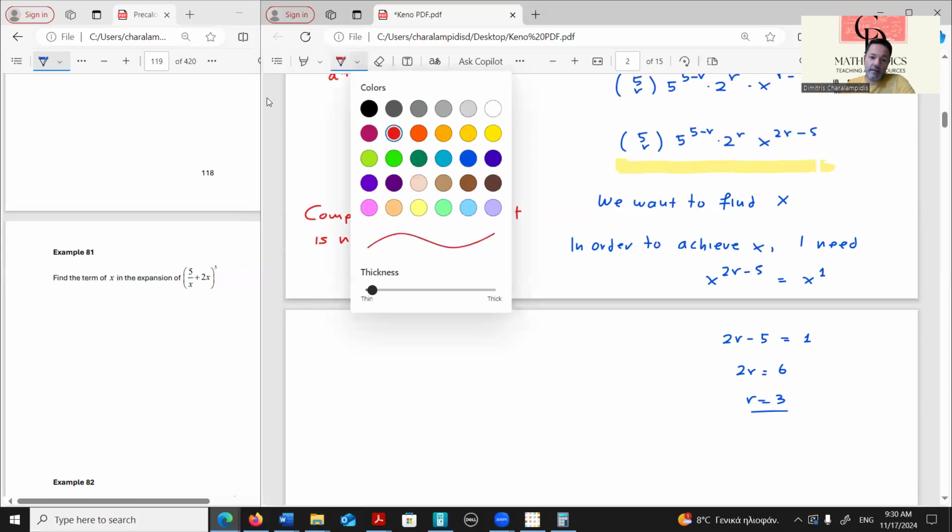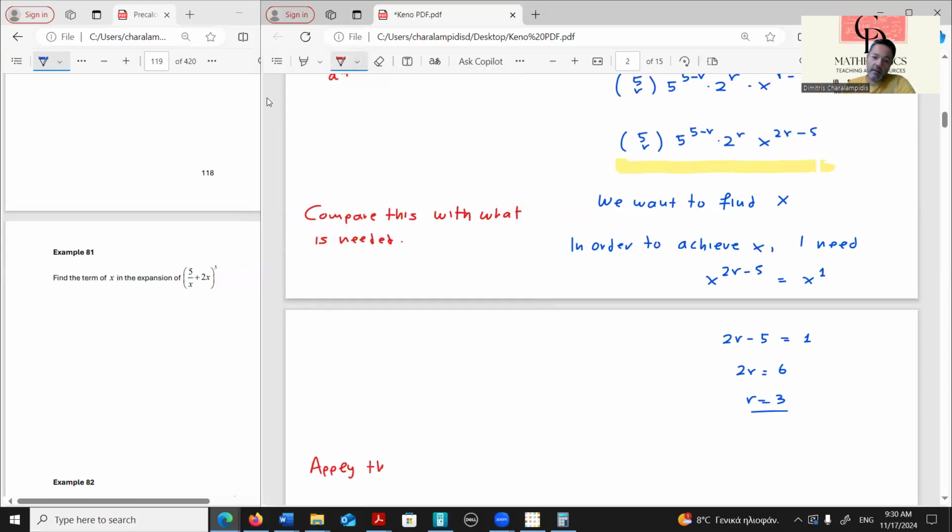There is a last step: apply this value in the simplest form of the general term. By simplest form of general term, I mean the one that I underlined with yellow. So for r equals 3, I should have 5 choose 3 multiplied by 5 to the power of 5 minus 3 multiplied by 2 cubed x to the power of 1.